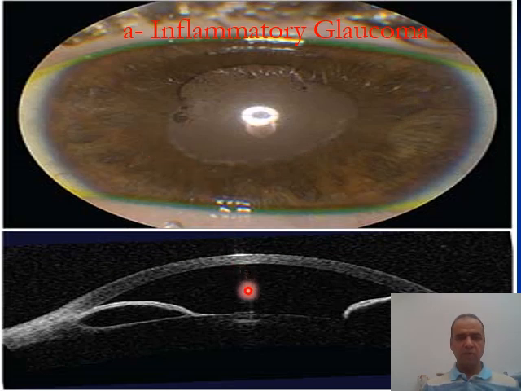And by OCT of the anterior segment, this is the cornea, this is the anterior capsule. Also, you can see posterior synechia here and anterior synechia in this area.